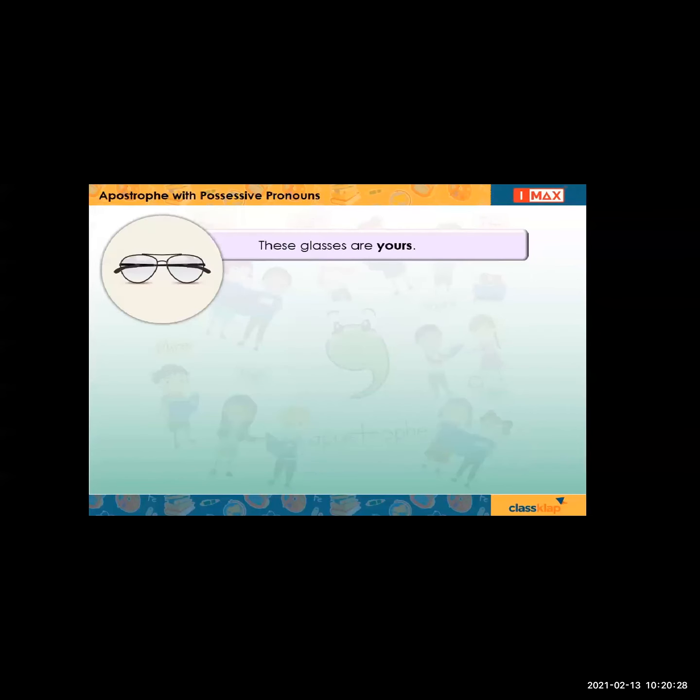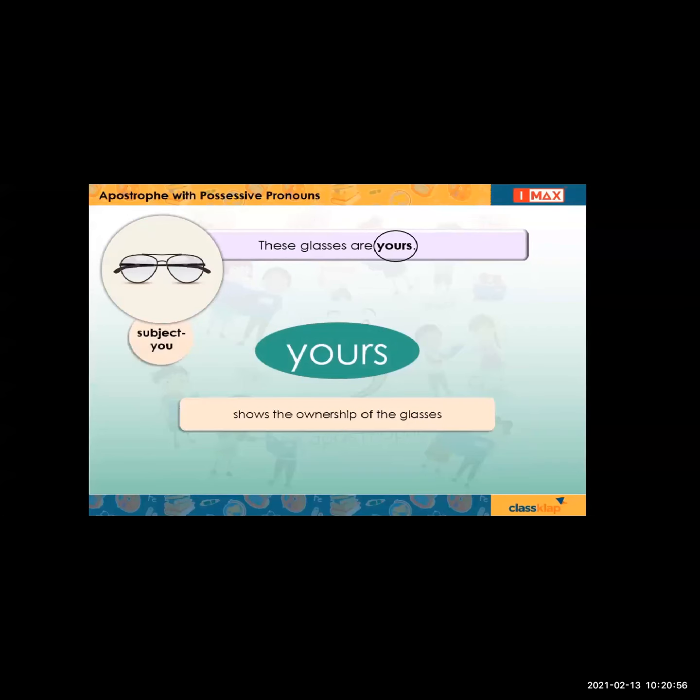The word yours in this sentence is not a contraction. Yours shows ownership of the glasses. It tells us that the glasses belong to the subject. Let us try expanding this word also.